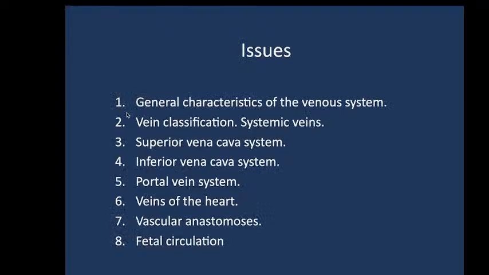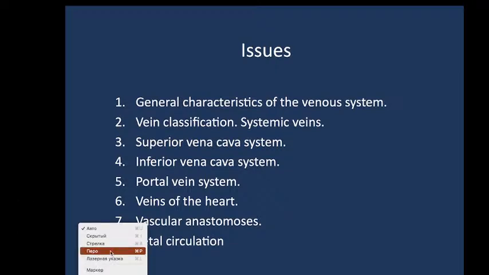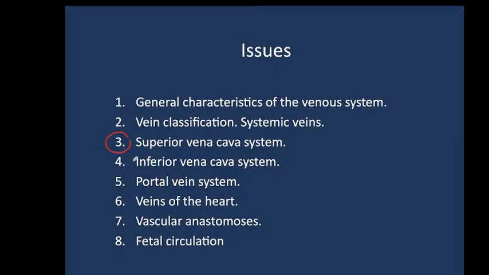What we will talk about: we will start from the general characteristic of the venous system. Then I'll tell you about vein classification and give you a characteristic of systemic veins, and then we will discuss the systems of the veins. There are four venous systems: superior vena cava system, inferior vena cava system, portal system, and veins of the heart.